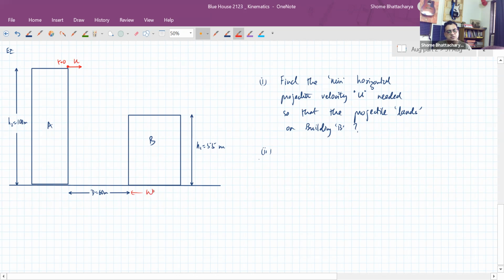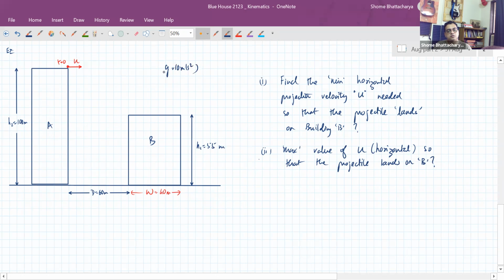The width of this building is, let us say, 40 meters. So the maximum value of u horizontal so that the projectile lands on building B. Take the value of g as 10 meters per second square again. So this part of the question should be fairly easy. Just try this out.